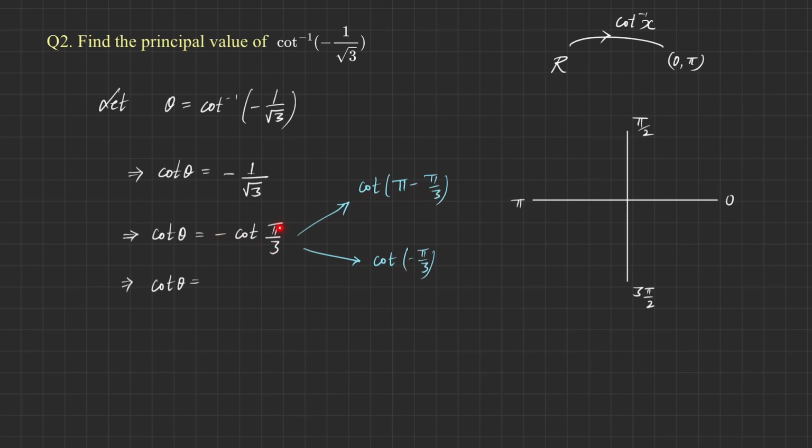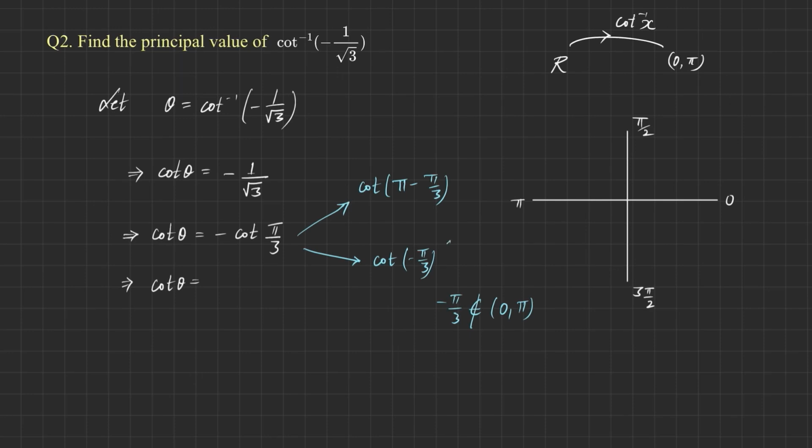Because cot of minus theta means minus cot theta and cot of pi minus theta is also minus cot theta. But since the principal value range is 0 to pi, if I choose the first one, then theta will be minus pi by 3, and minus pi by 3 does not belong to 0 to pi. But as I said earlier, your answer should lie in the principal value branch.